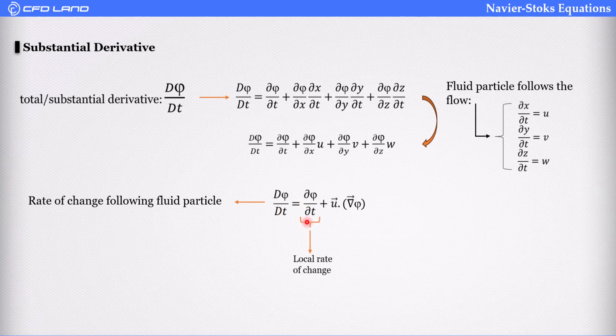Partial phi partial t indicates the local rate of change, and u dot gradient phi shows the convection term. D phi Dt is in the Lagrangian frame, while partial phi partial t plus u dot gradient phi is in the Eulerian frame.